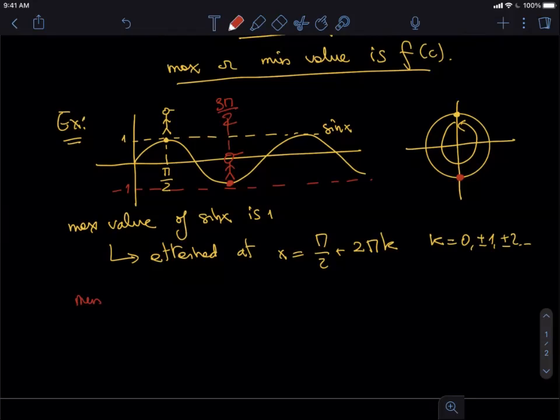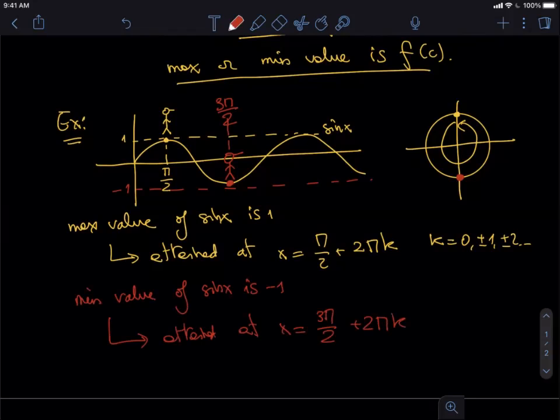So I have the minimum value of the sine of x, which is -1, and it's attained at x equals, we can write 3 pi over 2 plus 2 pi k. 0, plus minus 1, plus minus 2 and so on.